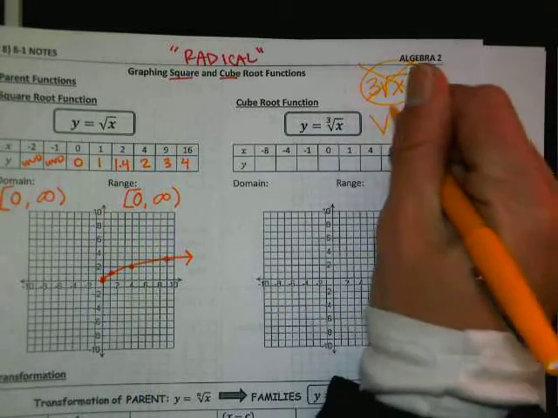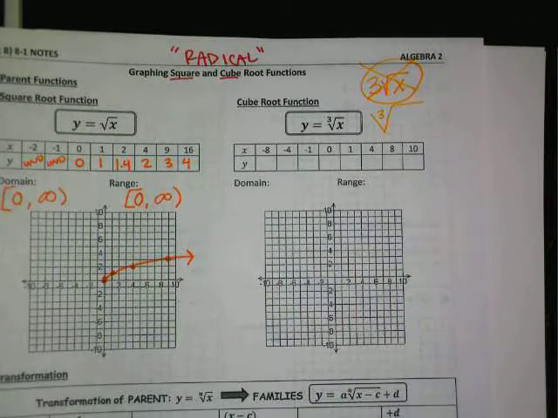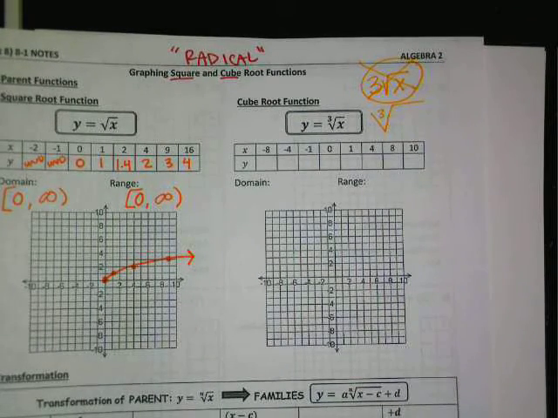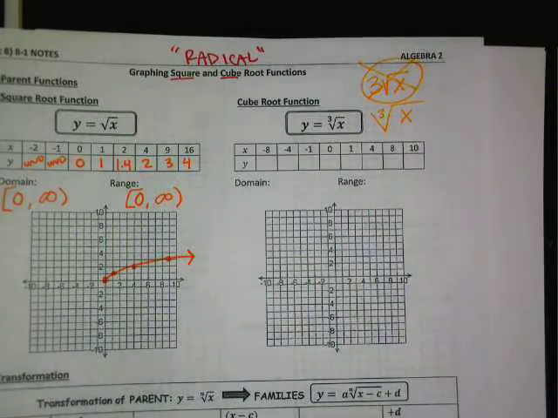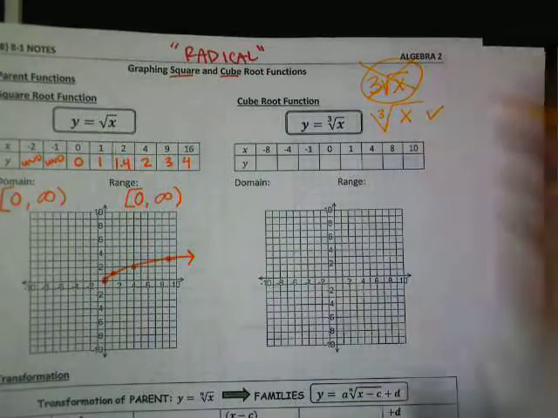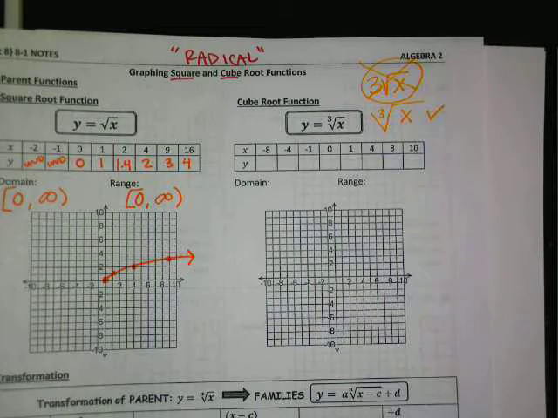The cube root is a 3 that goes inside the little pocket of your radical sign. So when you are writing cube roots, make sure your 3 goes inside your pocket. Otherwise, you are telling me that 3 is a coefficient and I have to count it wrong, even though I think I know what you're talking about. So the 3 is going to go inside the pocket.